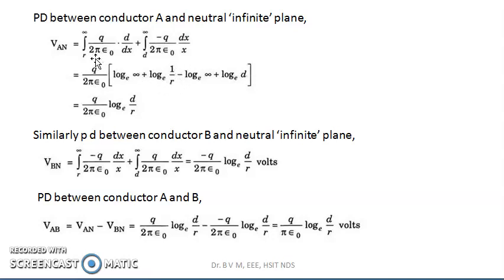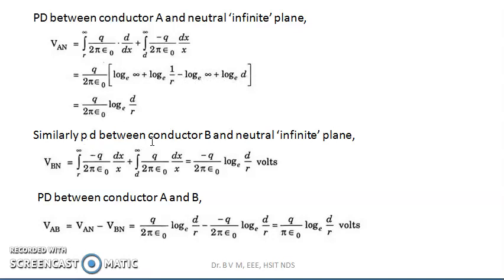Actually it should be minus r, but as it has been taken 1 by r, this minus has been negated with a plus. Log of infinity plus log of d, which is equal to q by 2 pi epsilon naught log of d by r.